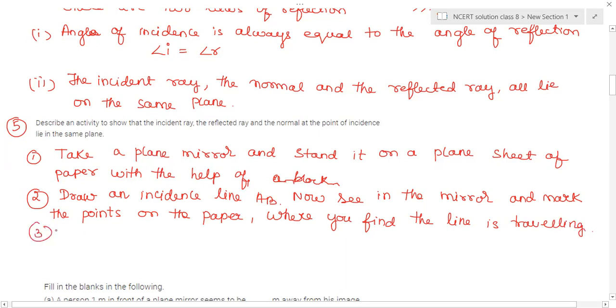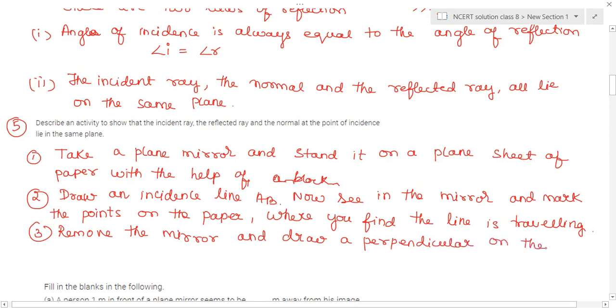Now remove the mirror. You have seen in the mirror and you have drawn the points. Now remove the mirror and draw a perpendicular on the mirror line.